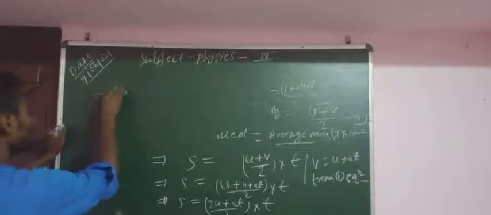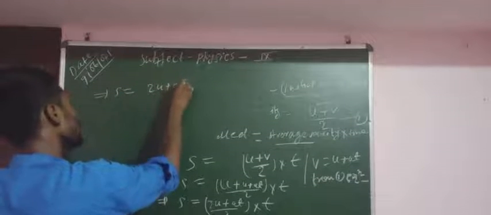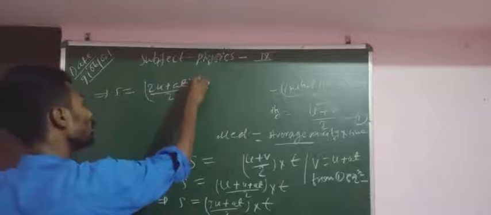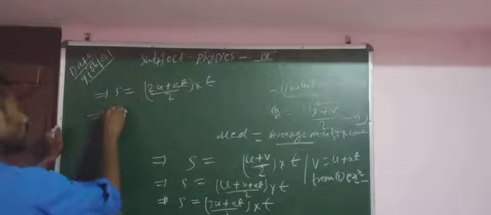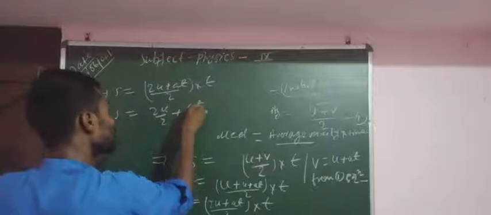So finally, s will be equal to 2u by 2 plus at by 2, into t.